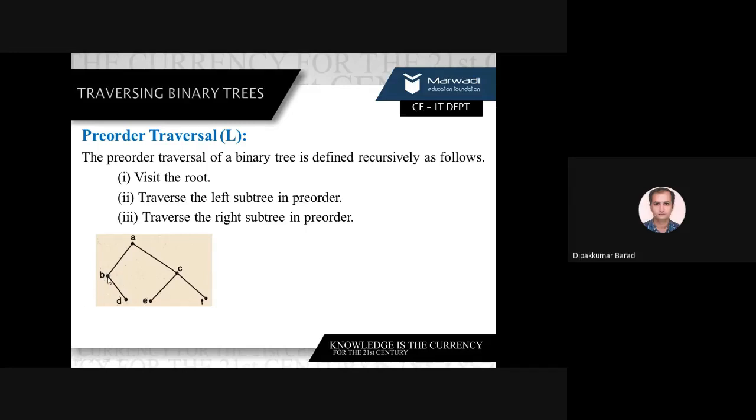Now B to D as a right subtree, and in a similar manner, for the other side I first take the root C and then E and F. So the order I get is A, B, D, then C, E, F. First root, then left child, right child. You have to start from the top. So this is the pre-order traversal.